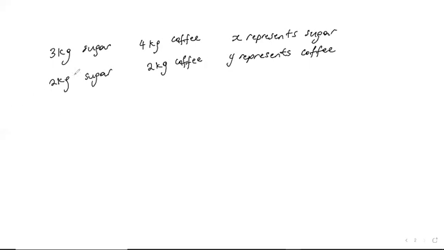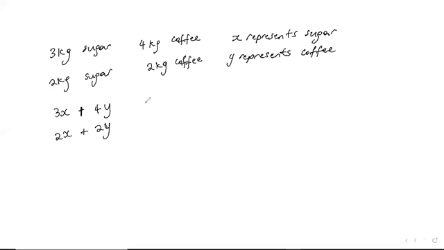All right, so let's lay this out now. We have to write the information as a matrix. 3x plus 4y, and we have 2x plus 2y.